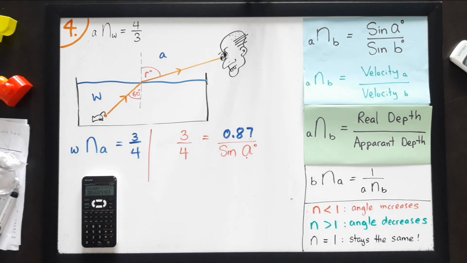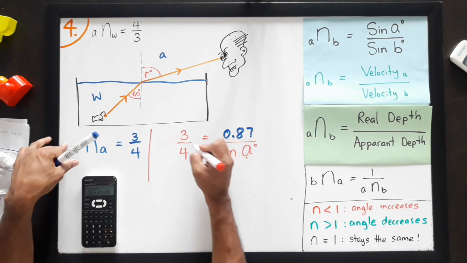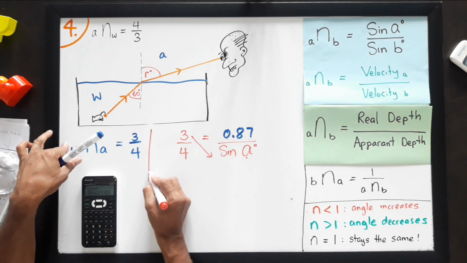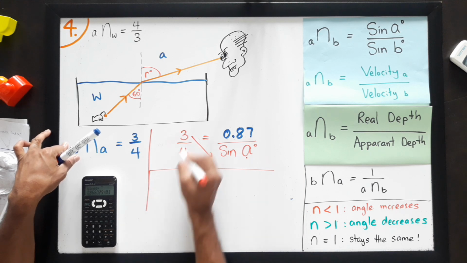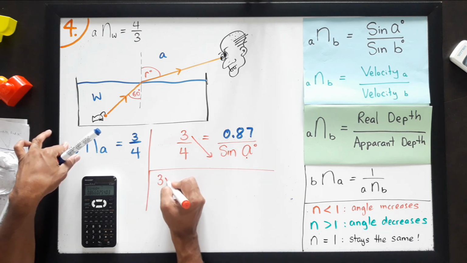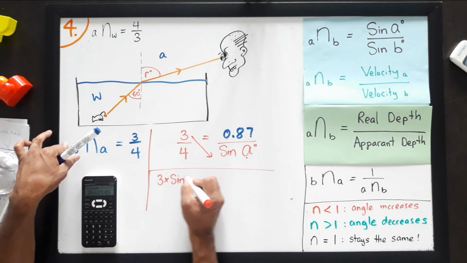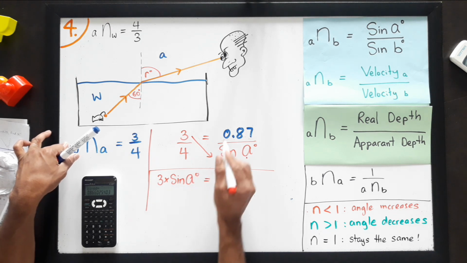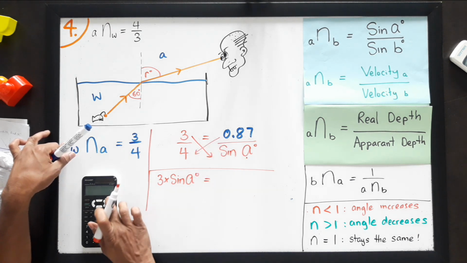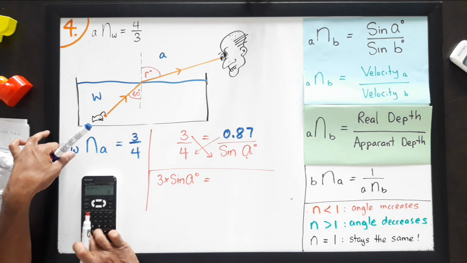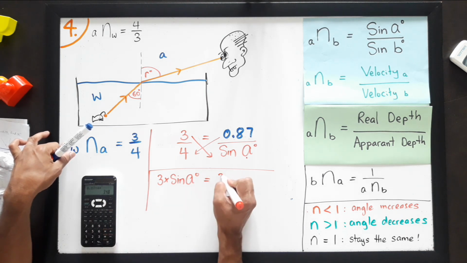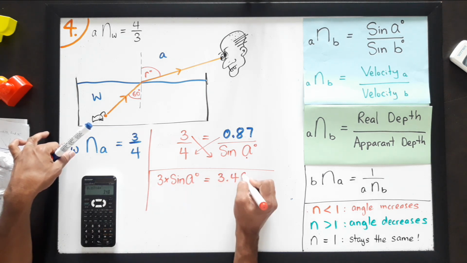Let's cross multiply now. Doesn't matter which diagonal first, I'm just going to choose this one. 3 by sine A is just 3 multiplied by sine A. And 0.87 by 4, 0.87 multiplied by 4 is 3.48.